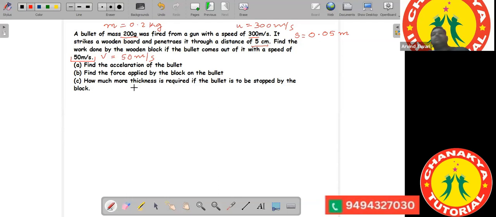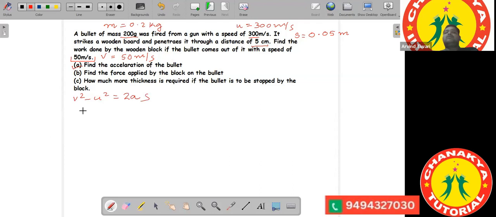Okay. So if we want the value of acceleration, we can directly use the kinematic equations of motion. Either you can go the way we went in the first question, or we can directly use the kinematic equation v squared minus u squared equals 2as.